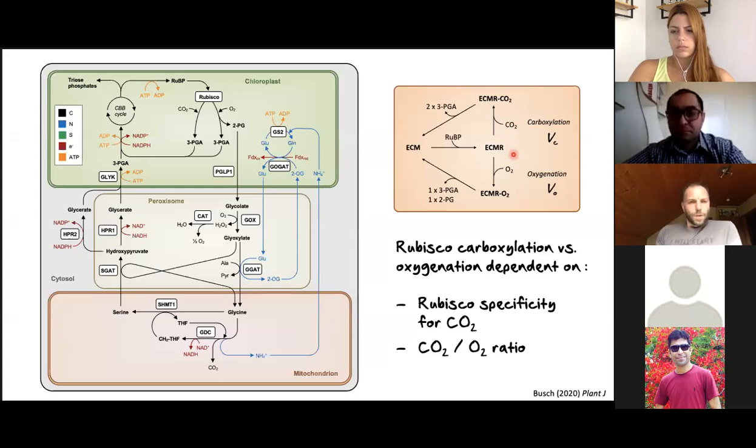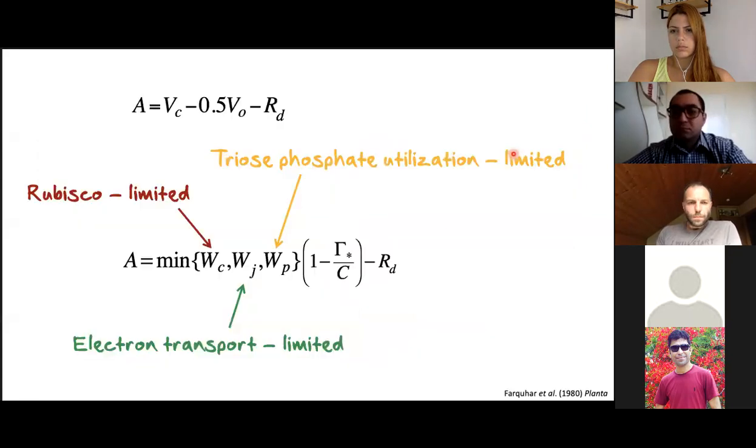So these are several ways you can think of photorespiration, and they all have their validity. So we can mathematically quantify or describe the effect of photorespiration on the assimilation rate.